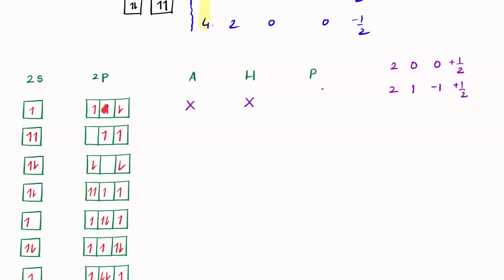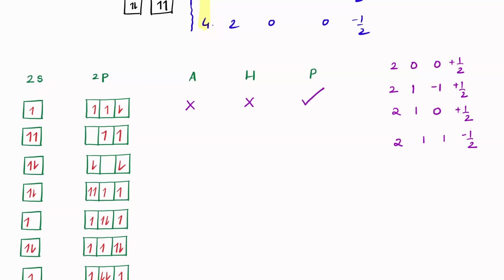The third electron will be 2, 1, 0 and plus half. Now notice the fourth electron. This fourth electron may be 2, 1, 1 and minus half. Check this. All four have different values. That means it is following Pauli's exclusion principle.